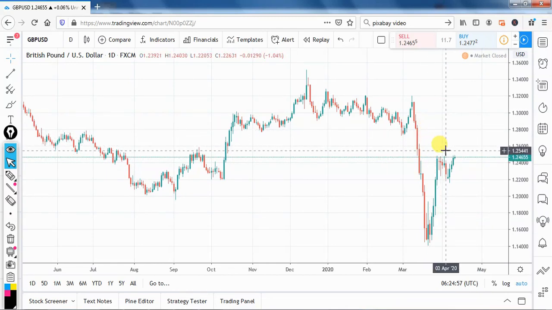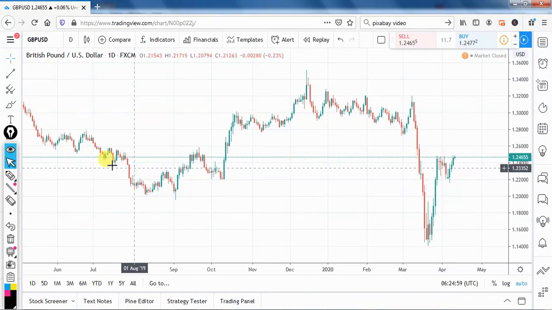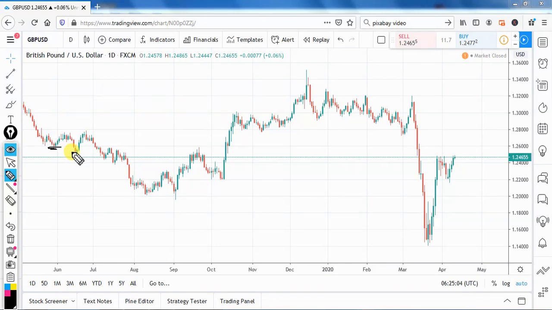Most likely it's going to be on these lows down here. We have this low here, so around, no, actually this low here. So I will be looking for the retracement about these lows or one of these highs, depending on how far the price is going to retrace.